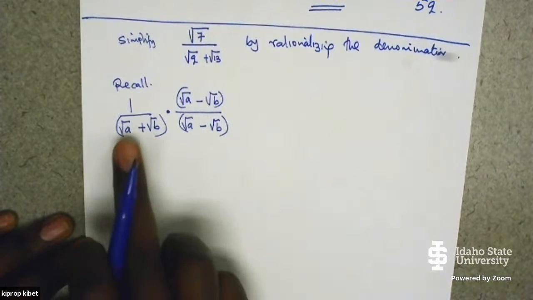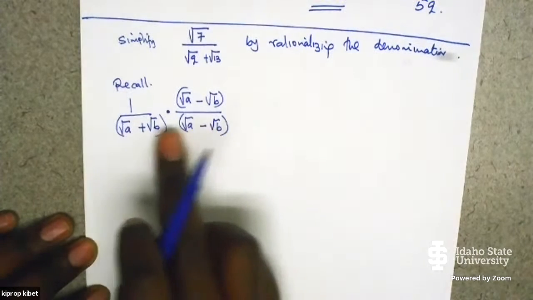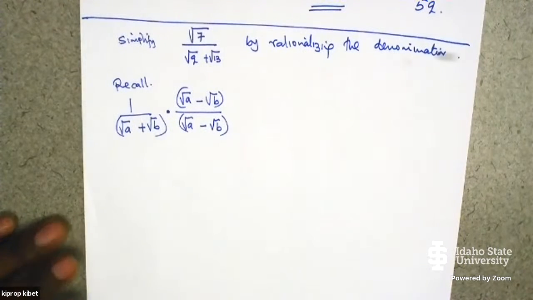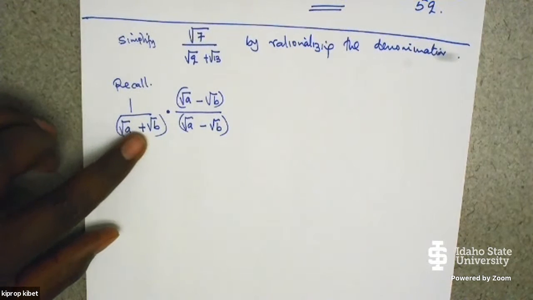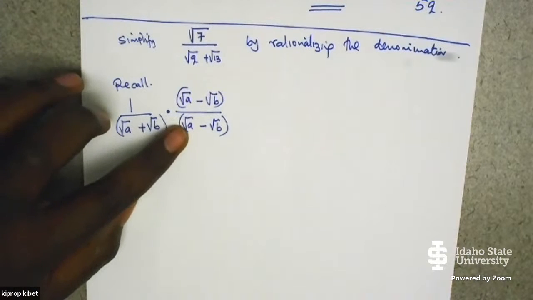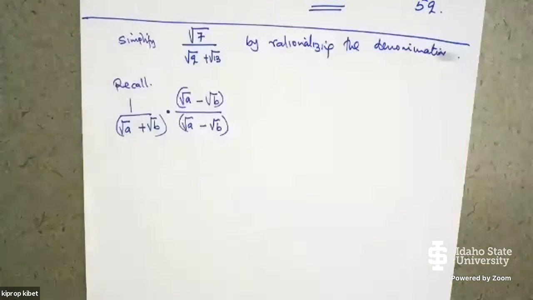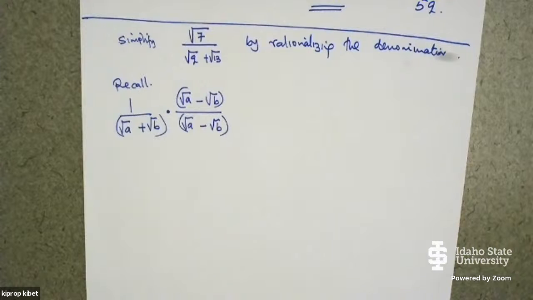Now, when you multiply the two of them here, the root of a plus the root of b times the root of a minus the root of b is similar to what? It is similar to a plus b times a minus b.